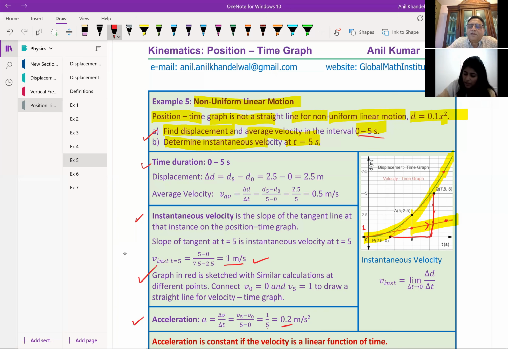So the gradient of the line on the velocity time graph is your acceleration. Correct. Okay. So here is the definition of instantaneous velocity. It is defined as the small increment in displacement divided by small increment in time.